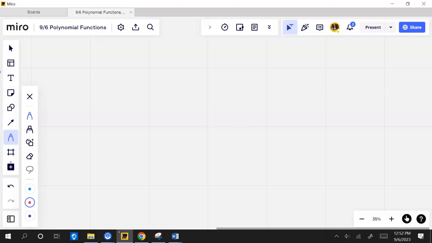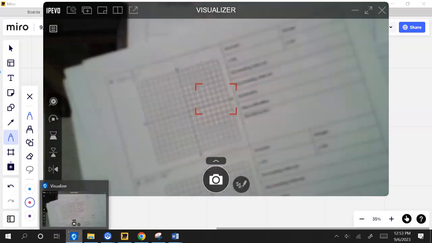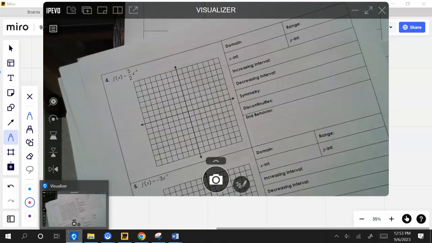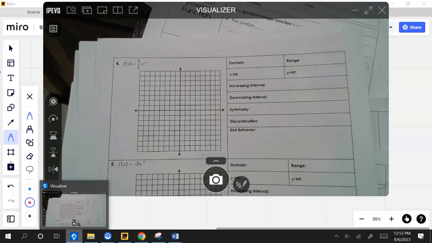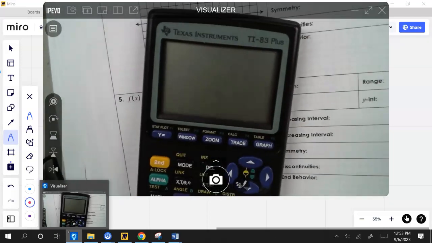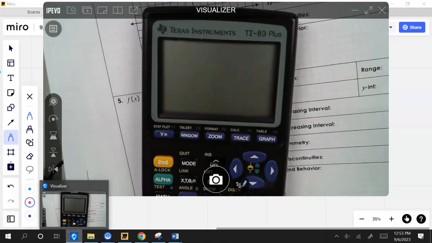On the x. Exactly right. Not just in front. I know, that's why I said that. This is number 4.